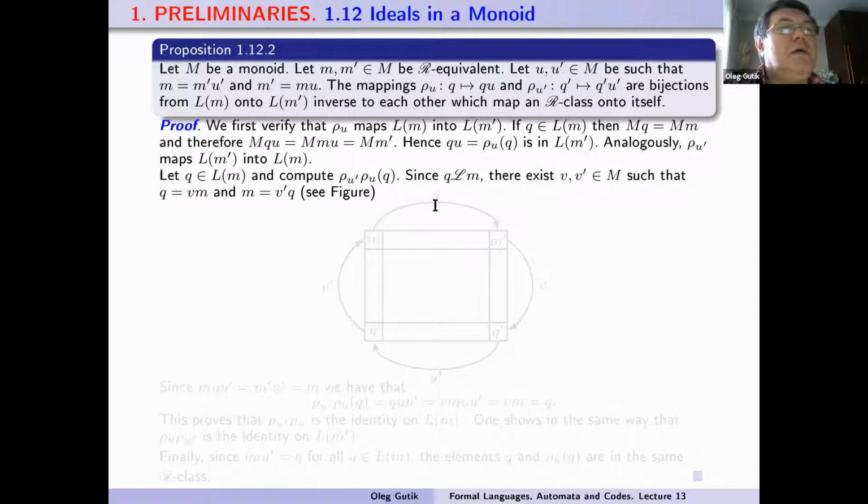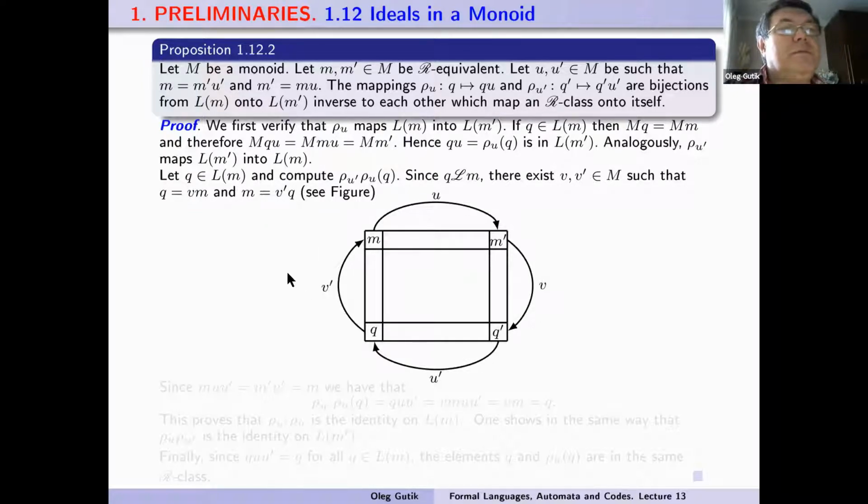Since q is L equivalent to m, there exist elements v and v' from the monoid M so that q = vm and m = v'q. See this figure here. Since muu' = m'u' = m, we have that the image of q under the map ρ_u' is equal to quu' = vmuu' = vm = q.